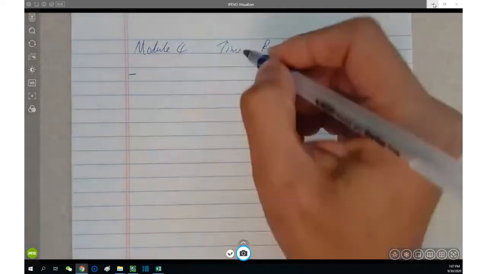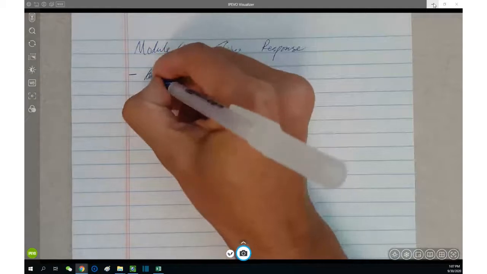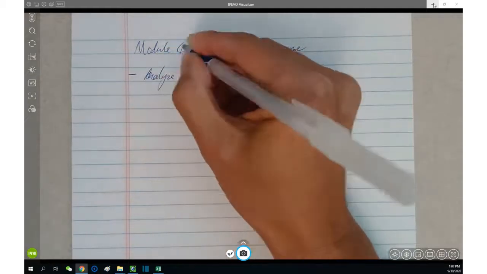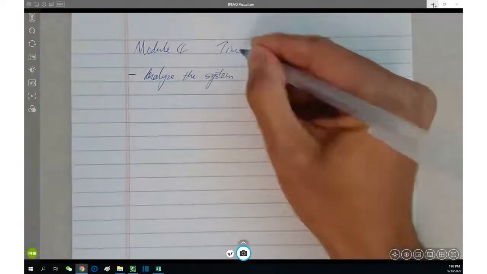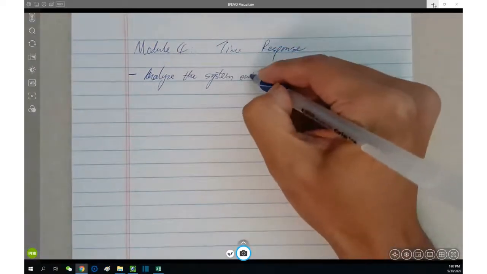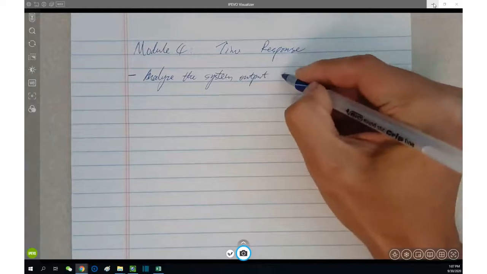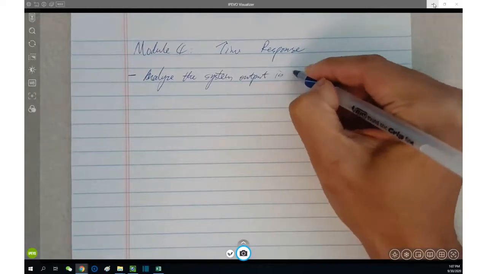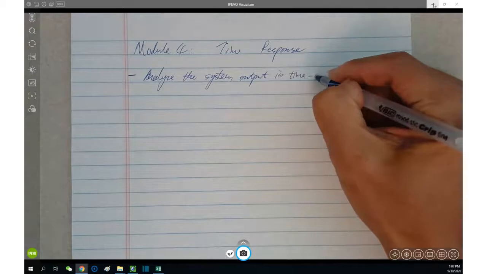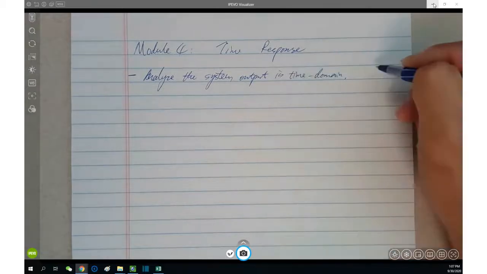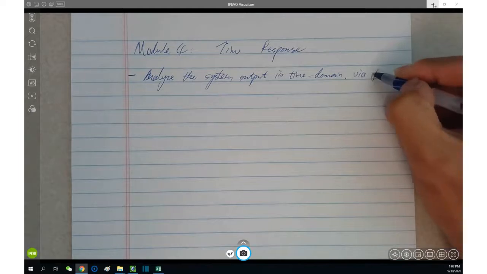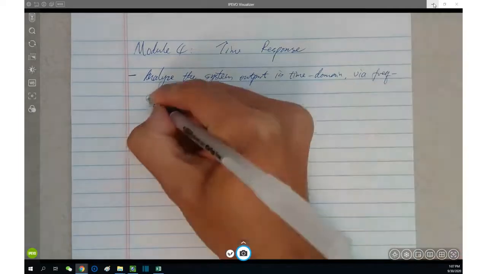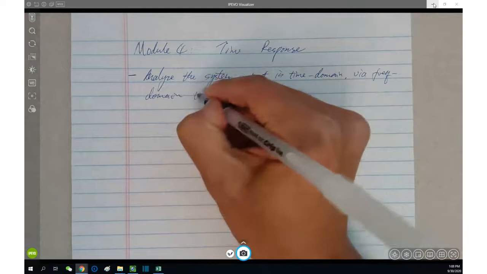So what this module is doing: analyze the system output in time domain using the frequency domain transfer function.